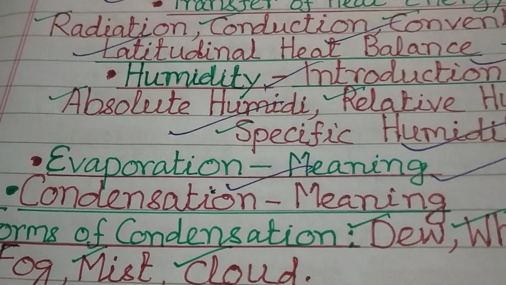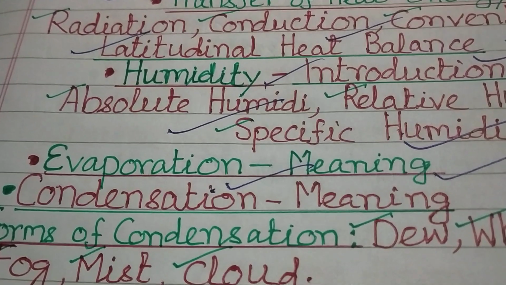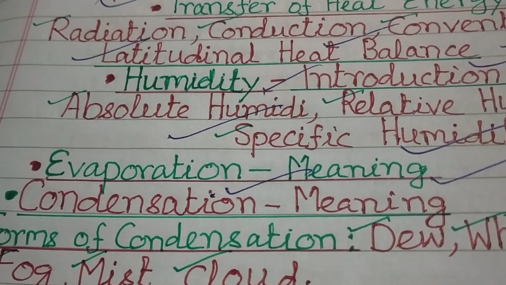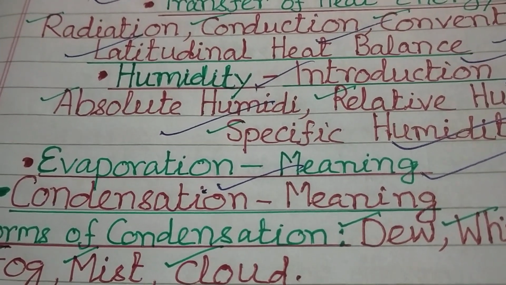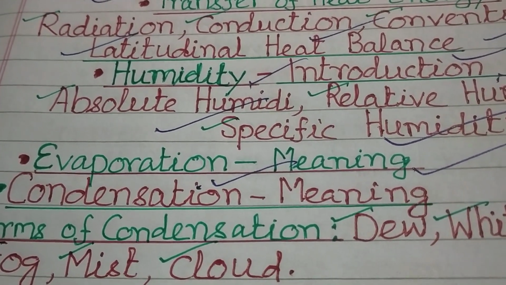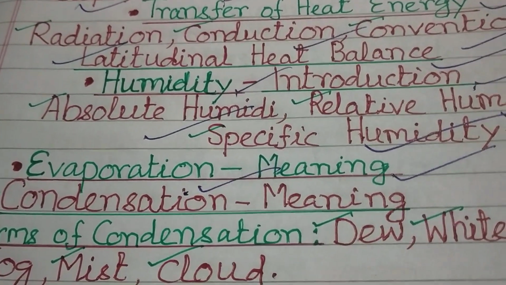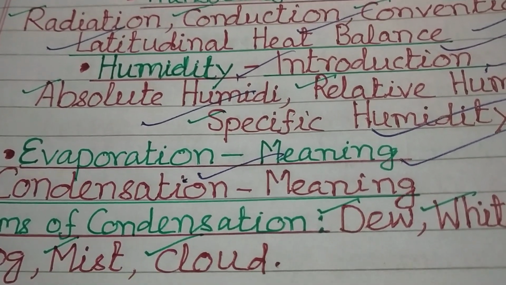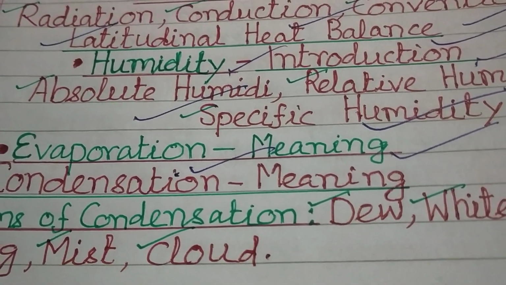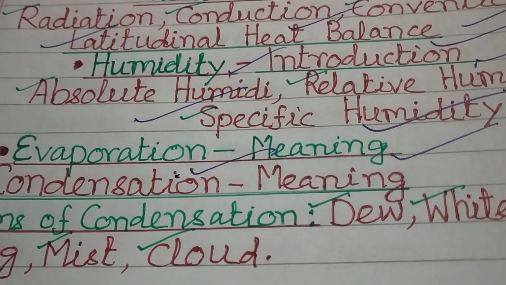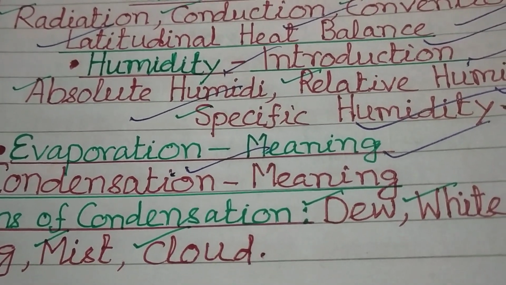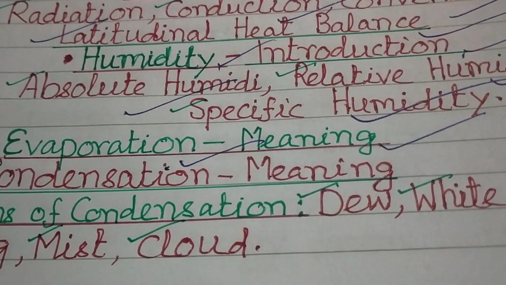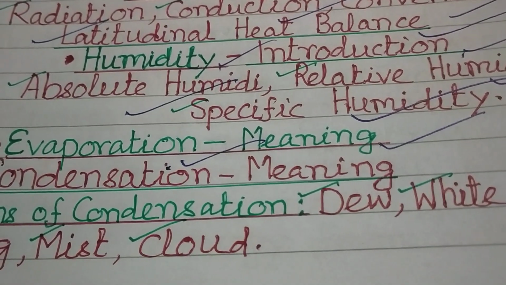Energy is required for evaporation to take place, and in the case of atmospheric moisture, the energy is provided by solar radiation. The water molecules supplied with this energy get the required motion to escape and conserve this energy as latent heat of vaporization.